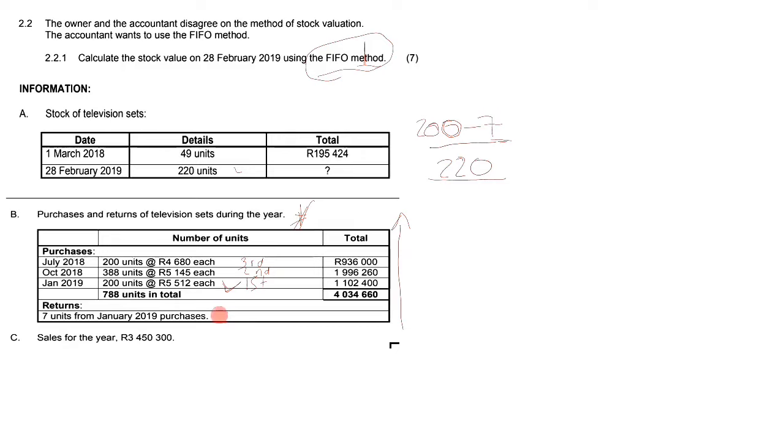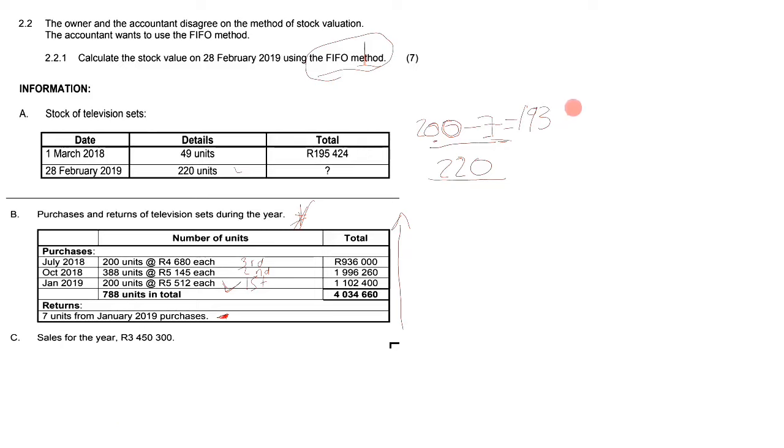As given here, the 7 units from January 2019 were returned to the supplier. Instead of taking 200, now we are going to take 200 minus 7, meaning units bought in January 2019 will be 193 units.